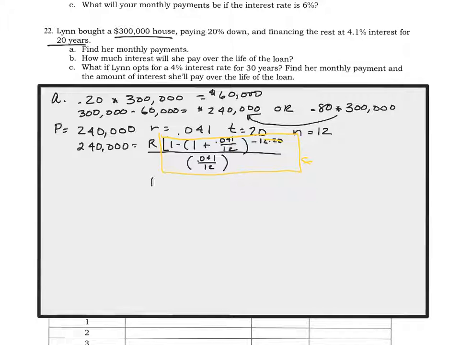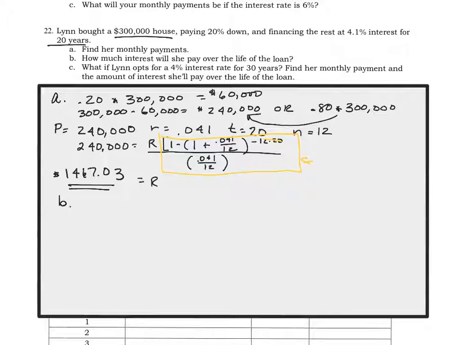And so it ends up that our monthly payment is $1,467.03. Monthly payment. So the next question, part B, says how much interest will she pay over the life of the loan?